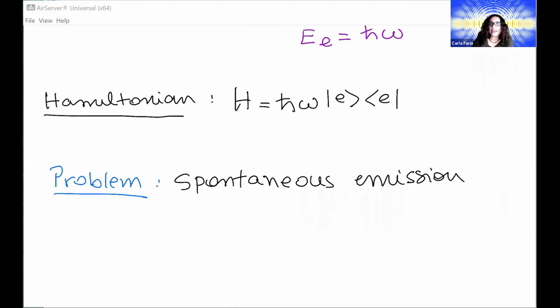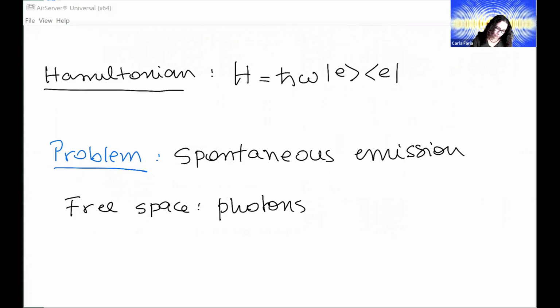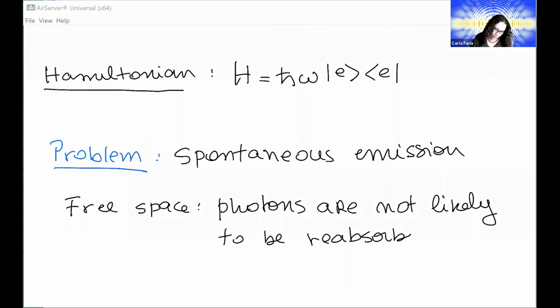So we wouldn't have an evolution that we can treat as Markovian. But in free space, it is very unlikely that the photons are going to be reabsorbed. So we're going to focus on free space. And this means then, if this is unlikely, we can consider the evolution to be Markovian.